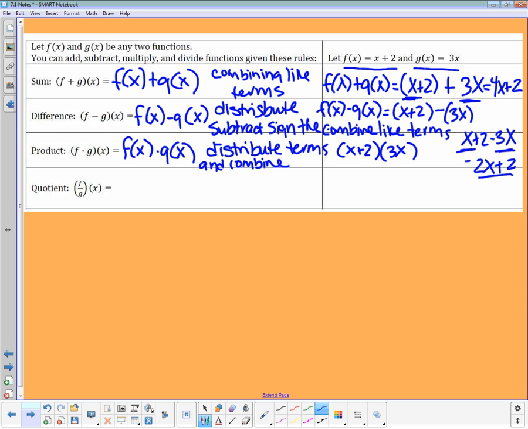If we distribute our 3x, we have 3x times x gives us 3x squared, and then 3x times 2 gives us 6x. And that would be our f times g of x.